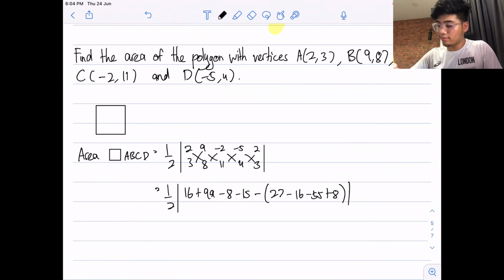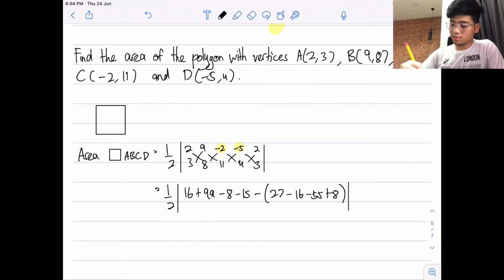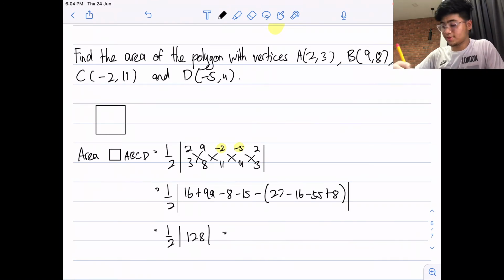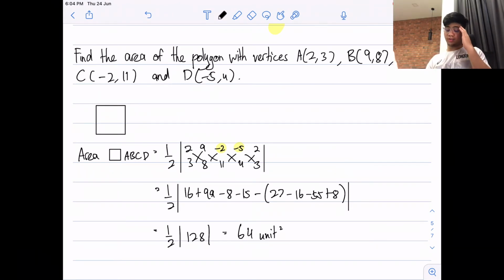Keep in mind there's a lot of minuses here because we are working with negative values like -2 and -5, alright? But after we're done calculating, we're going to be left with 1 over 2 mod 128, and then we're going to be left with 64 units squared. Alright, so that's a quick rundown on how this formula works.